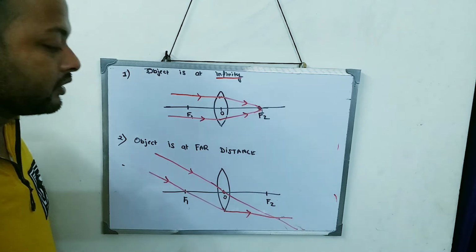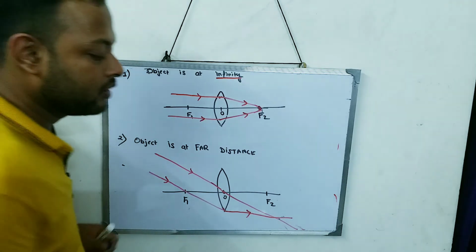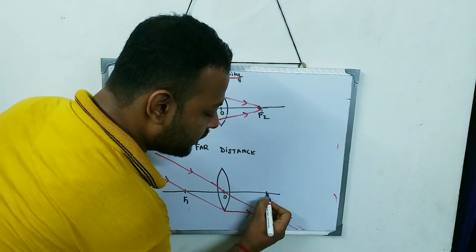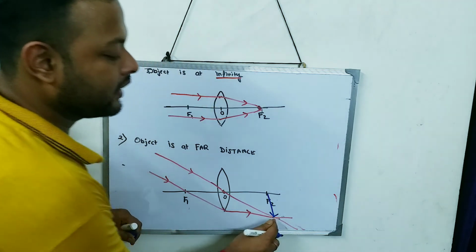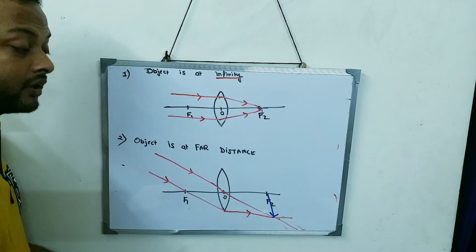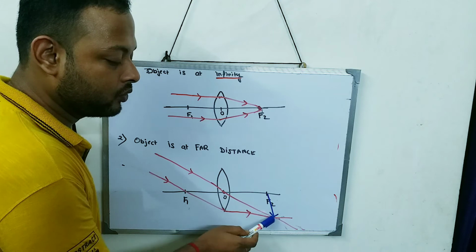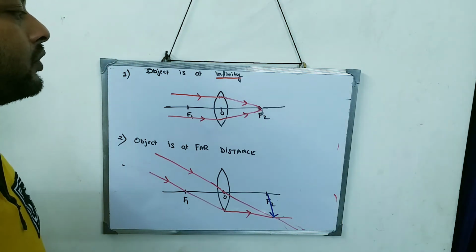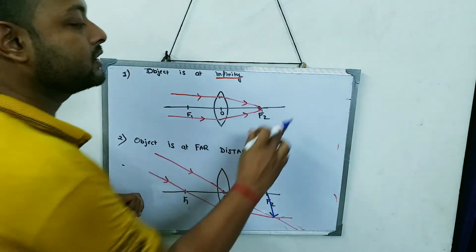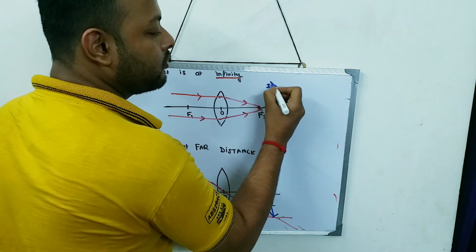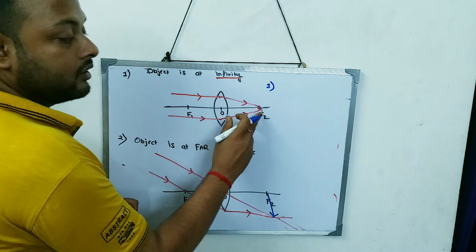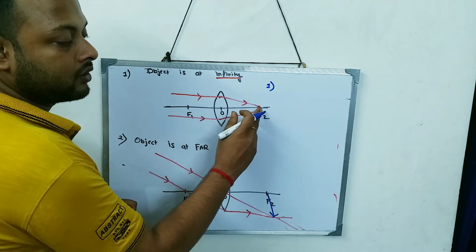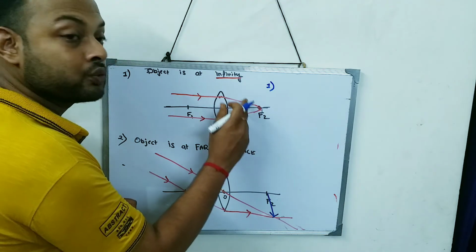Now, where is the image getting formed? The image will get formed over here at F2. Okay. Now, what are the characteristics that we know about this? The first characteristic that we come to know about over here: this image is formed by actual rays.